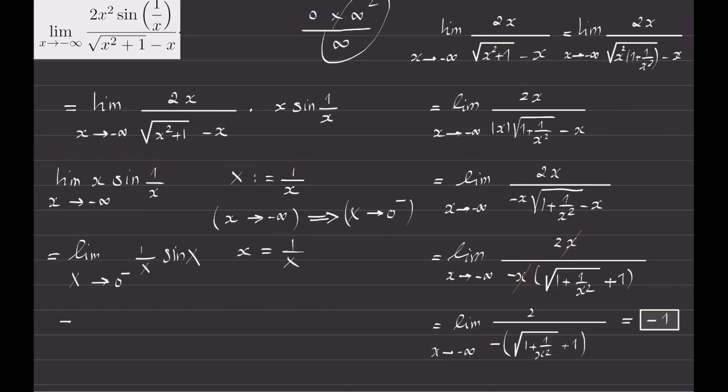So let me write it in a more familiar form. Instead of writing 1 over x times sine x, I can simply write sine of x over x as x approaches 0 from the left-hand side. But of course, you know that the limit of sine theta divided by theta itself when theta goes to 0 is equal to 1.